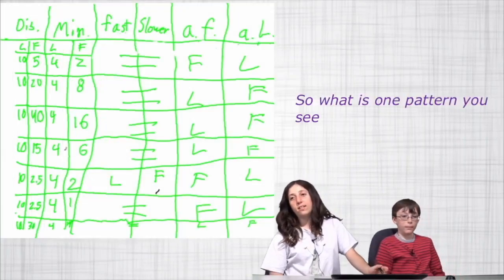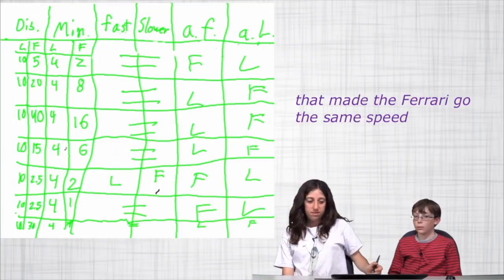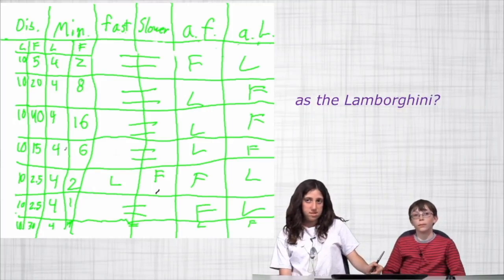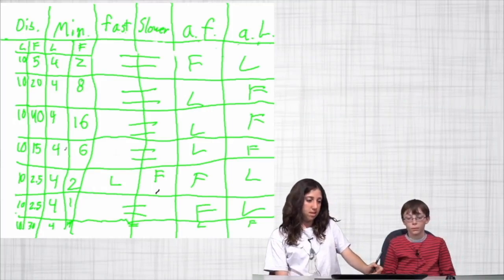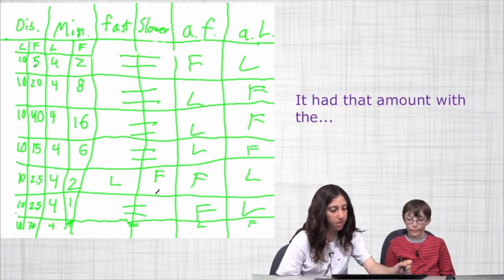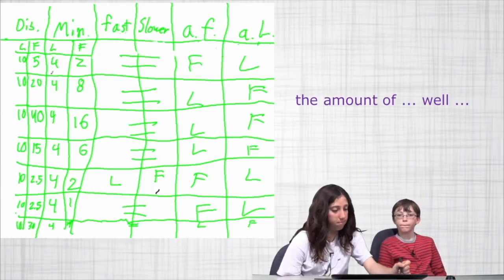What is one pattern you see that made the Ferrari go the same speed as the Lamborghini?